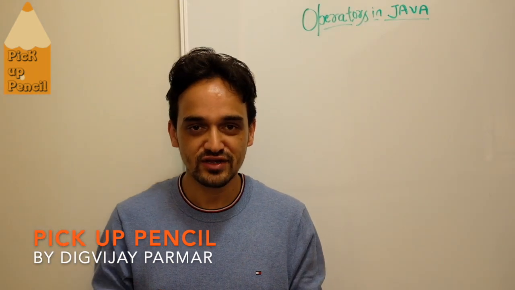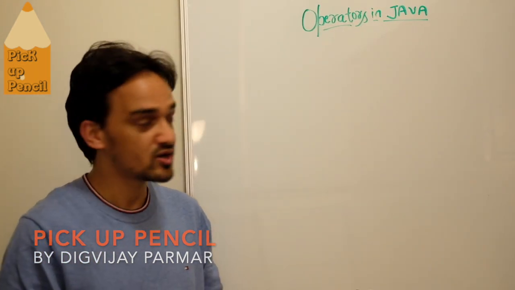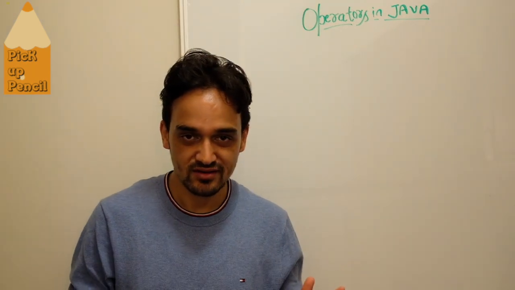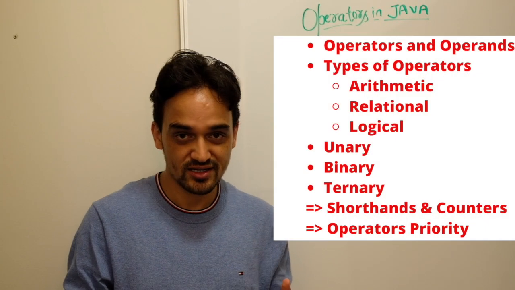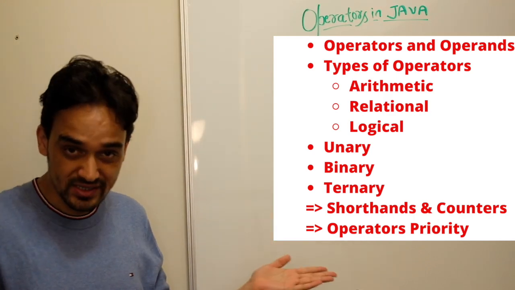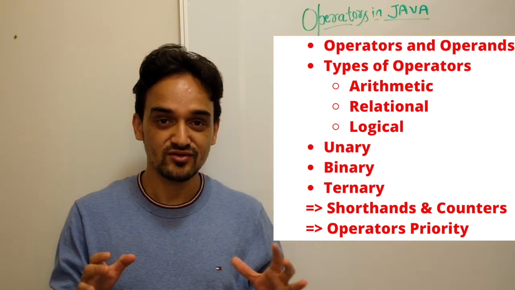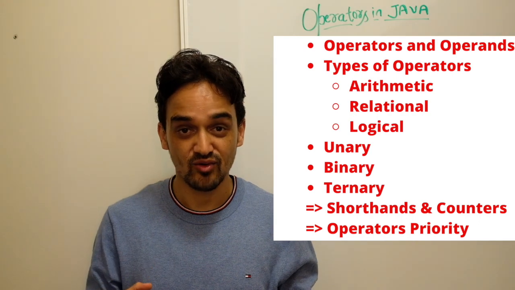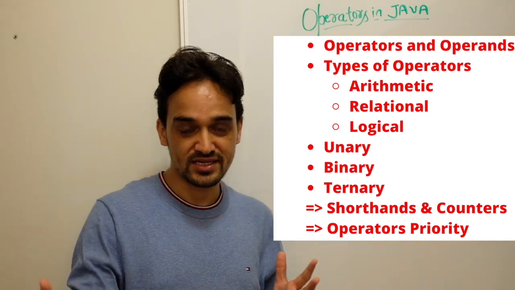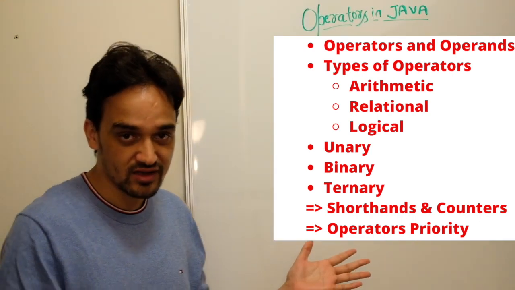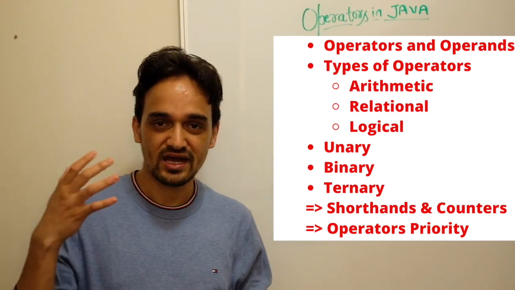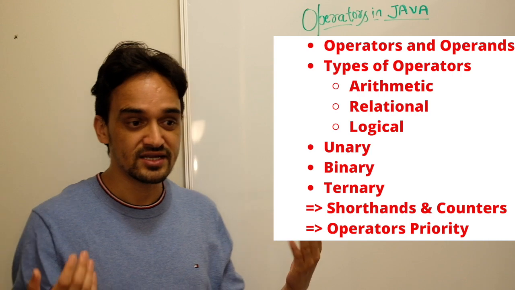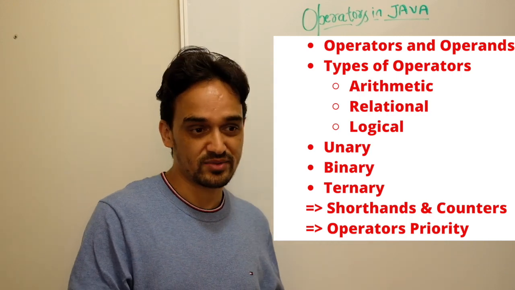So in today's video we are going to learn about operators in Java. We are going to start with what operators and operands are in Java, and then discuss what types of operators we have available in Java, like arithmetic operators, relational operators, and logical operators.